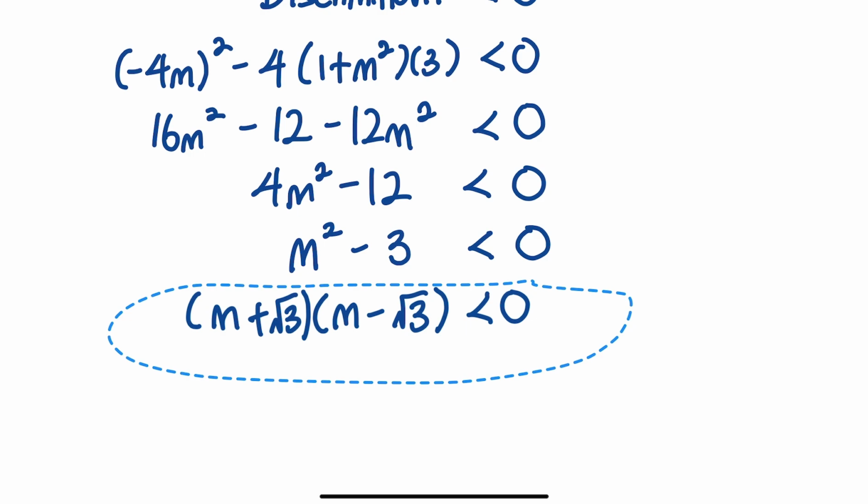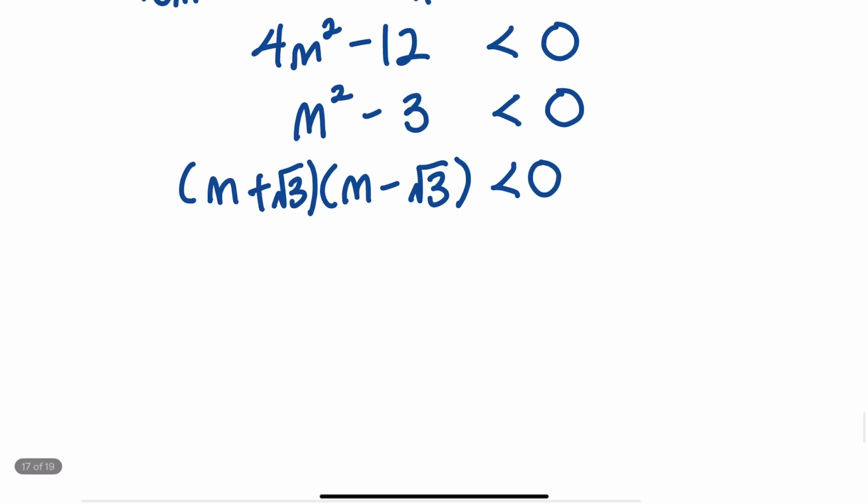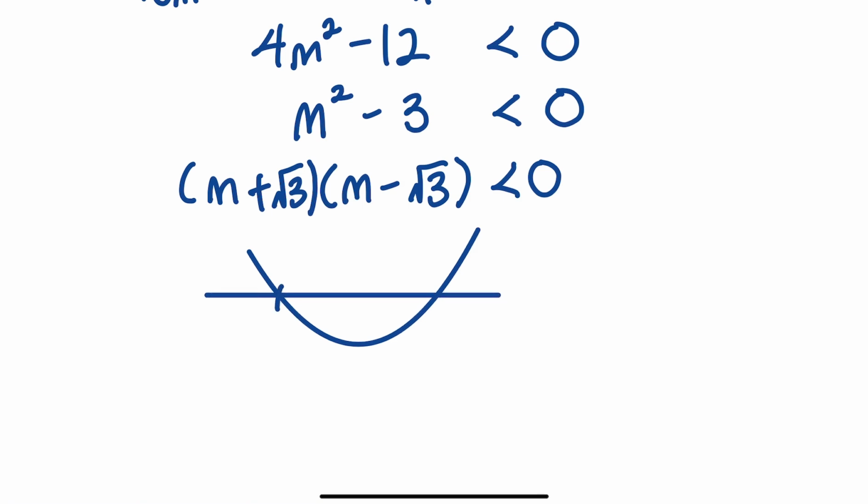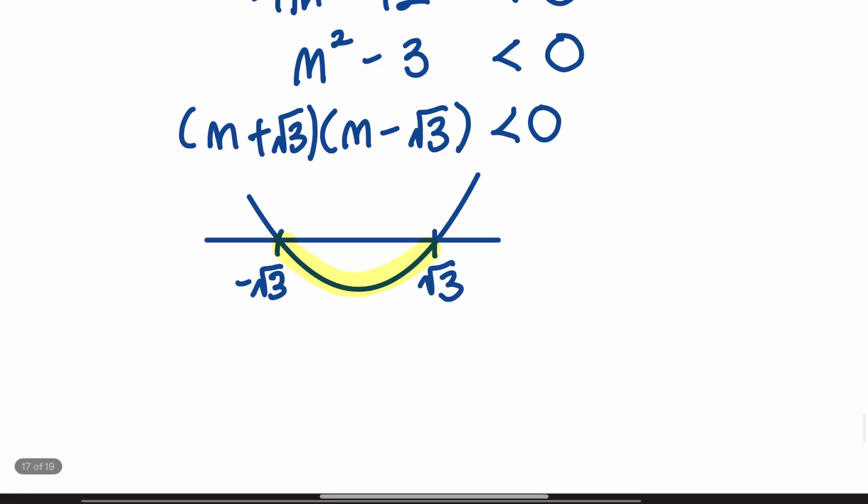Then from here, once I factorize this, I sketch my quadratic curve, a smiley face curve. The intersections with the x-axis are negative root 3 and root 3. Less than 0 means I want the part of the curve that is below the x-axis, which is this part over here. Therefore m is between negative root 3 and root 3.